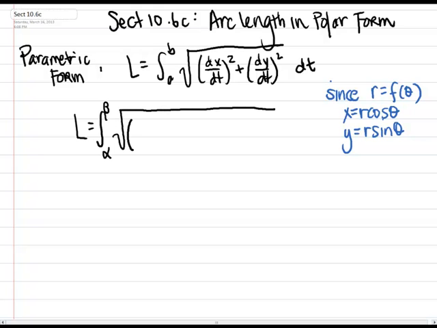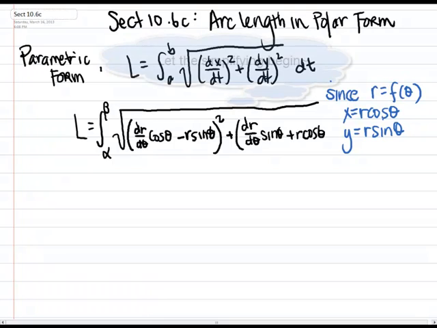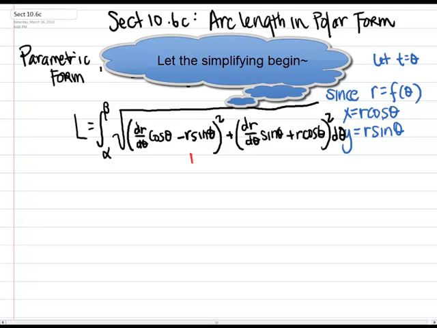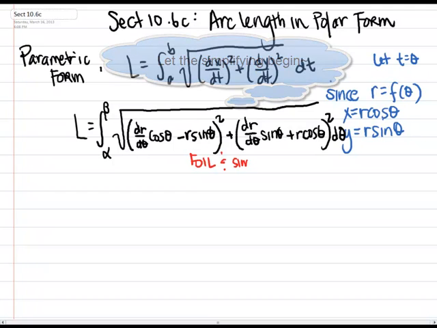So dx/d theta is going to be dr/d theta times cosine theta minus r sine theta quantity squared. This is my dx. Then I'm going to add to that dy, which happens to be dr/d theta times sine theta plus r cosine theta. Now I need to FOIL this out and simplify.